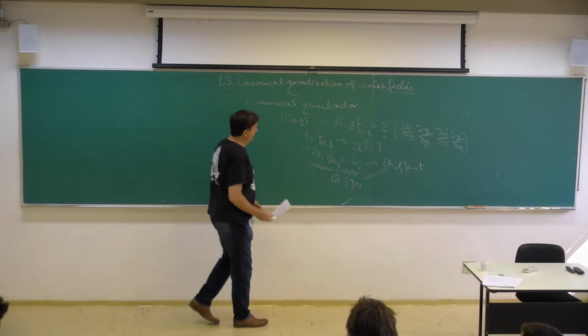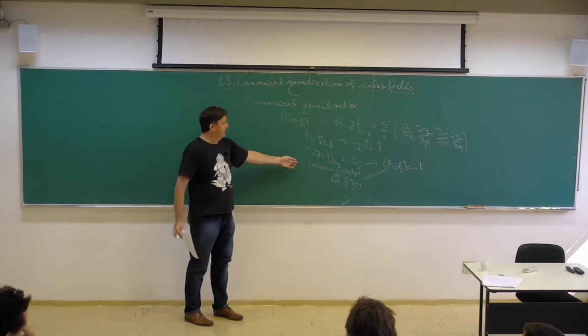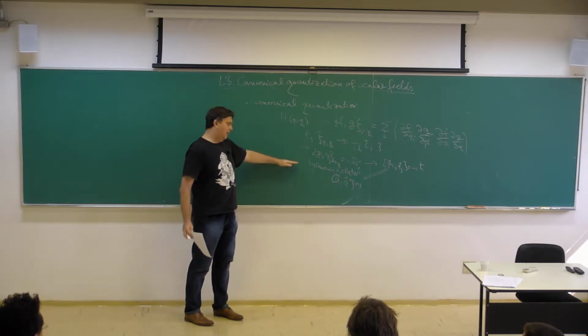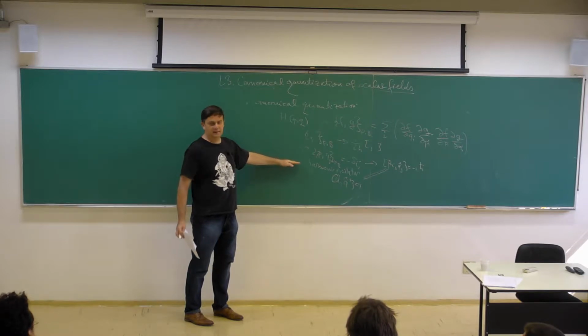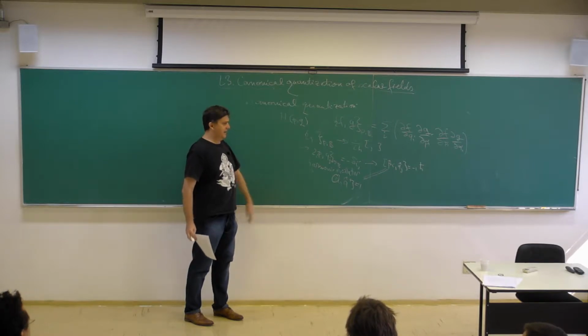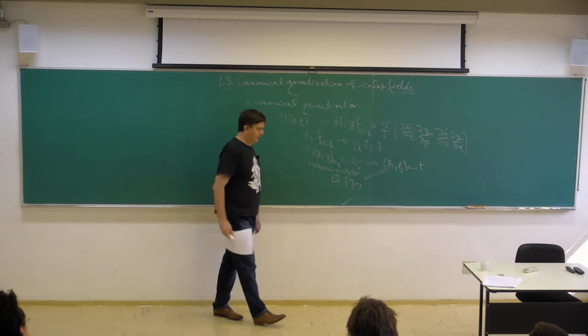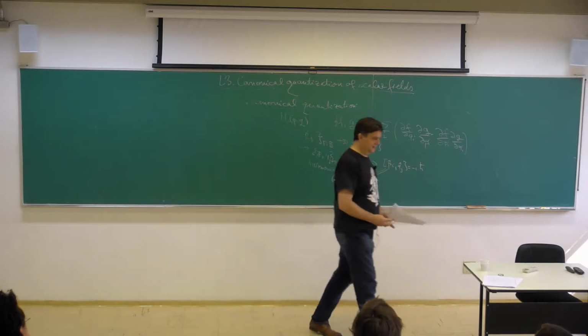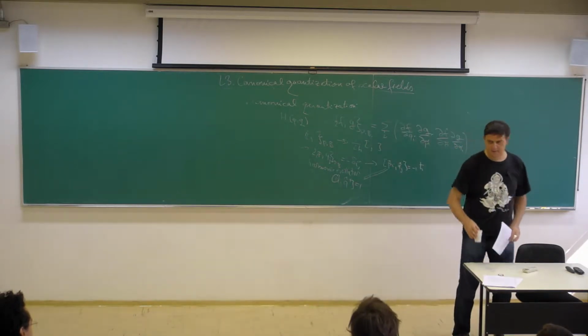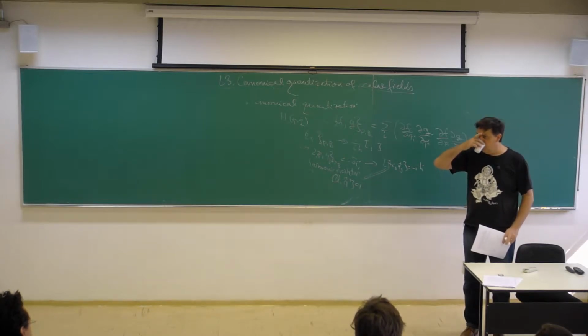Okay? And I told you also that a harmonic oscillator is the most basic example, but if you understand it well enough, you can do everything about quantum field theory.